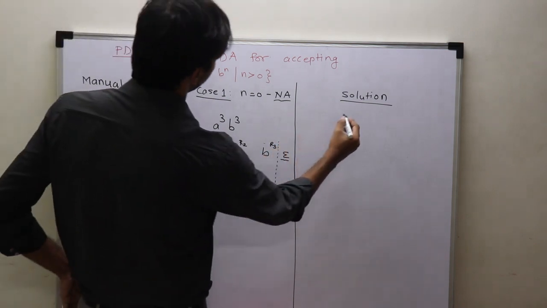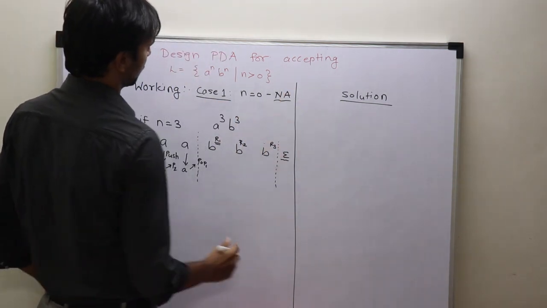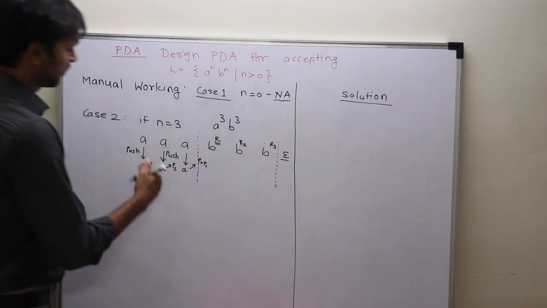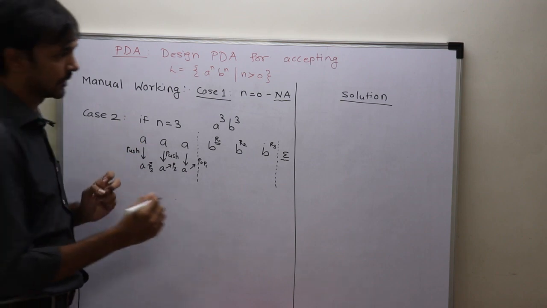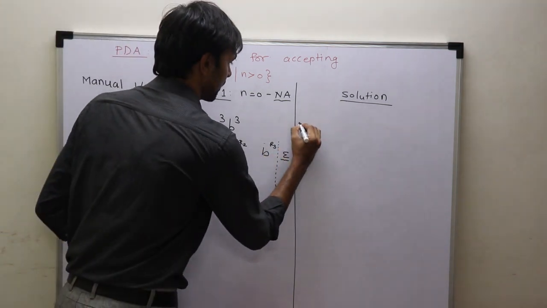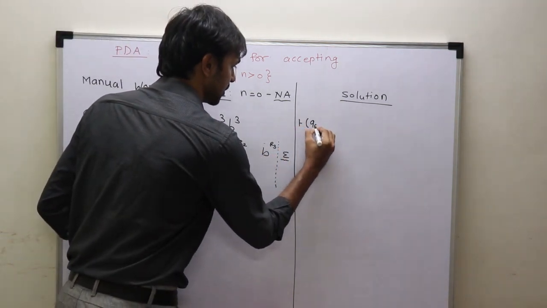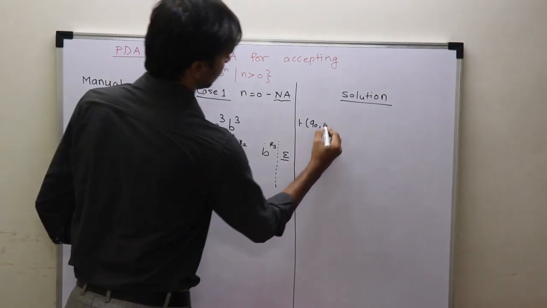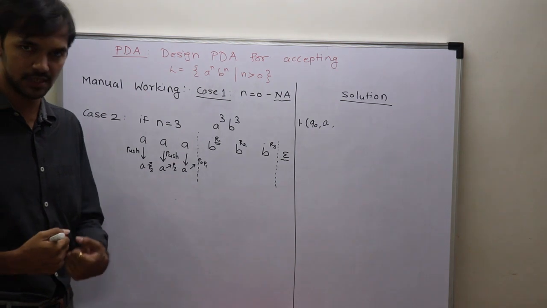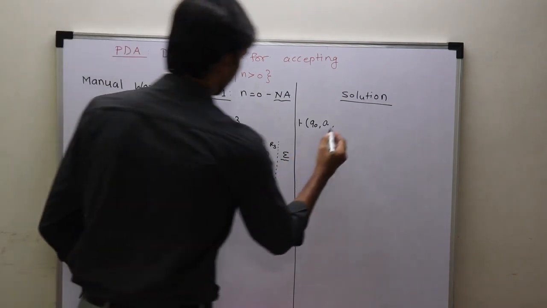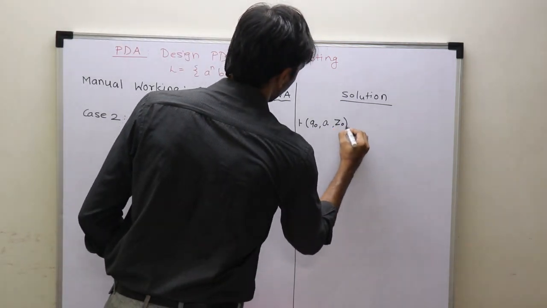Now let's try and write the solution for the question. When we want to process the first A, what are the basic conditions we can write? The machine is in Q0 state. It tries to read the first A such that the stack is empty.